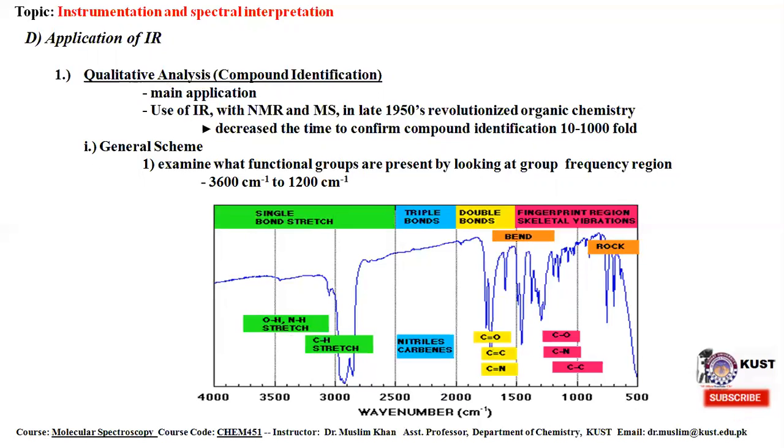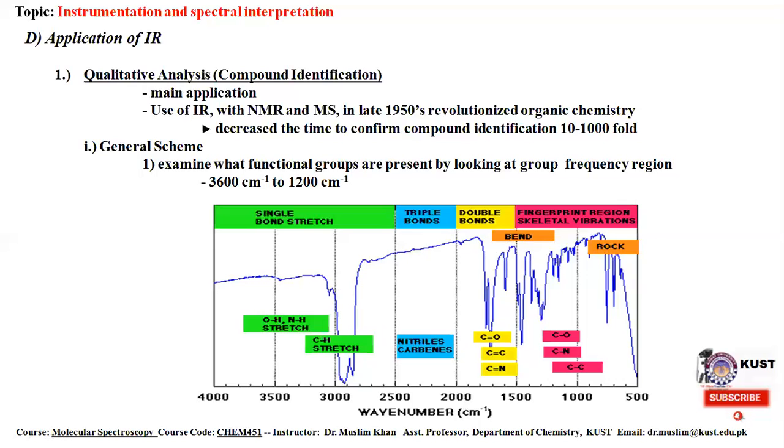So as I told you, in the modern world, after the 1950s, the combination of these techniques is used, because once you confirm that a functional group is present, for example a carboxylic acid or an alcohol, you then go to the other technique, NMR, and then to MS for some fragmentation pattern and structure information.